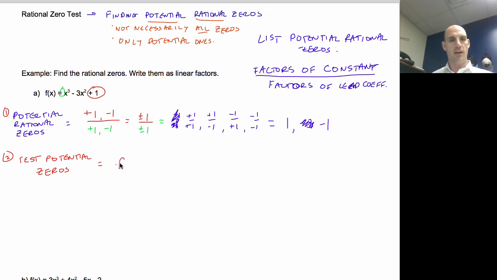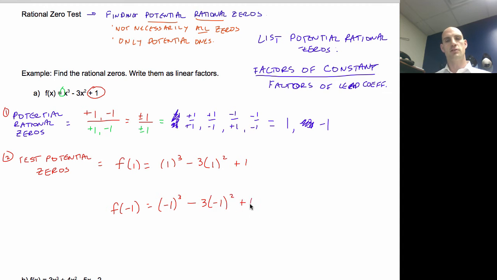And so I'm going to do f of 1, and I'm going to do f of negative 1. And so my function is this: 1 cubed minus 3 times 1 squared plus 1. Down here, f of negative 1 would be negative 1 cubed, and I'm using my original function here, minus 3 times negative 1 squared plus 1.